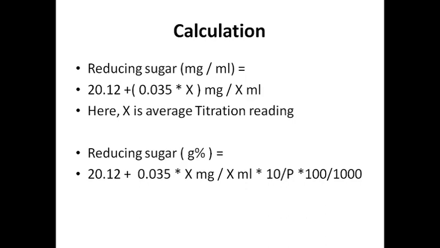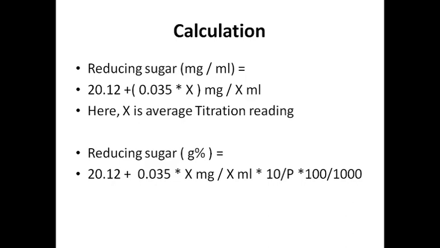Reducing sugar in milligram per ml is equal to 20.12 plus 0.035 into X, milligram per X ml. Here X is the average titration reading. If we want to find out the gram percent of the sugar, it will have a slightly different formula.